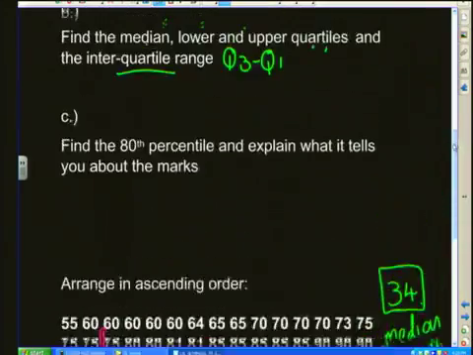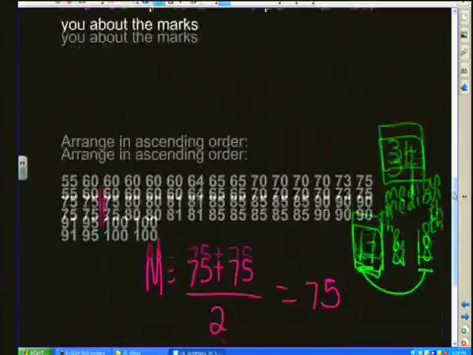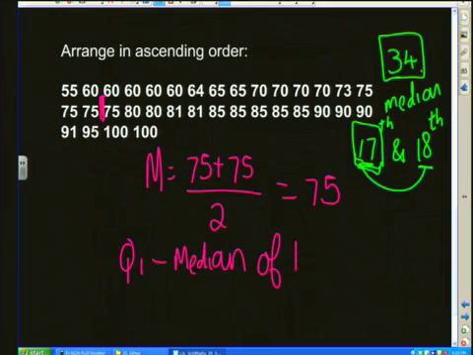The next thing they wanted you to do was to find the lower and upper quartiles. Once you've located your median, we know it's in this position here. Your lower quartile, Q1, is the median of the lower half of your values.